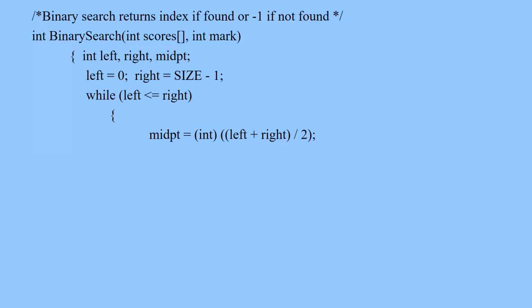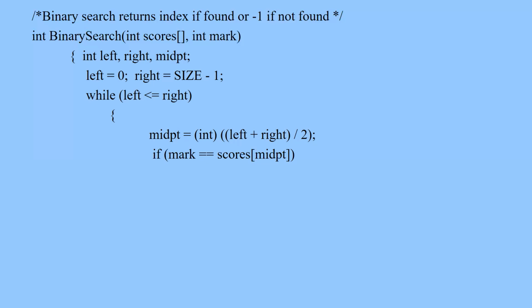In other words, pick the result of left plus right divided by 2, and store that result in the memory location record midpoint. My dear students and the rest of the learners, kindly note how we are assigning the value midpoint. Then we compare what is in mark to what is in scores midpoint.